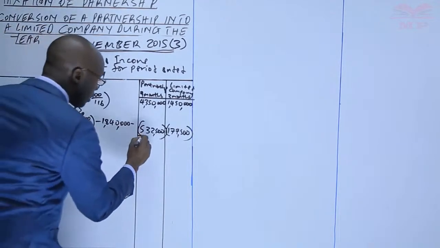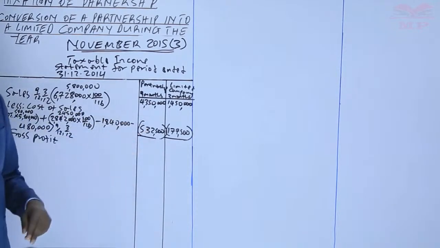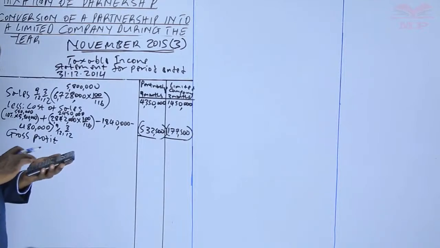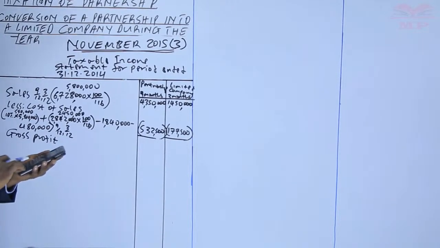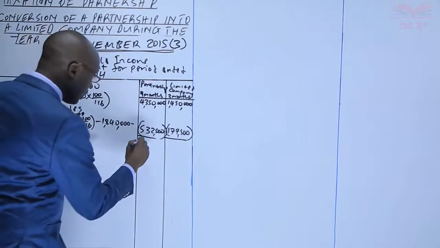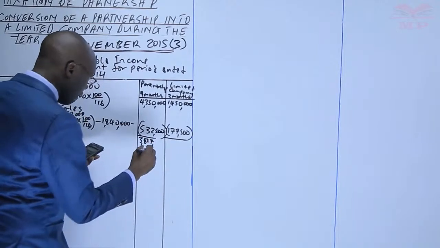So after that, we can now get the gross profit. Gross profit will be sales minus the cost of sales, in which case we have 43,50,000 minus 532,500, which gives us 3817,500.